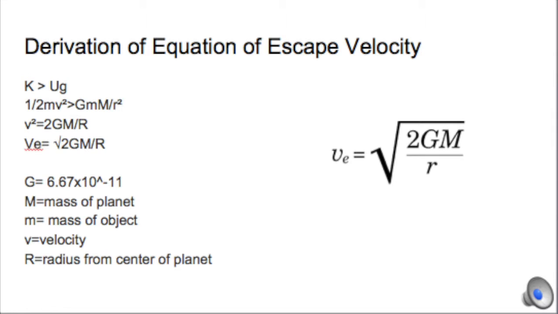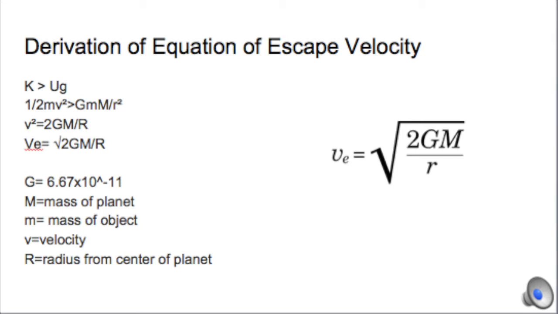Then, from here, we get v squared equals 2GM over r, simplified a little more. After that, we take the square root, and we finally get that the escape velocity is the square root of 2GM over r. This is important because you can see that the mass of the object does not matter in this equation.